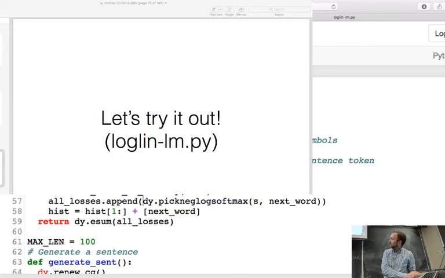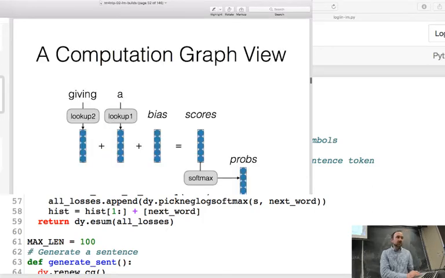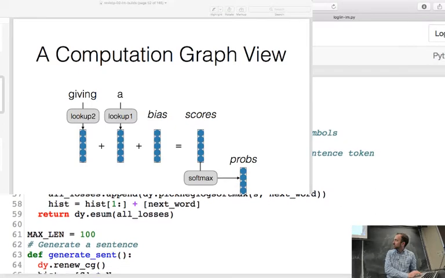We calculate the softmax, and then we update the history by adding this word to the history. And then in the end, we can sum up all the losses. So basically what we're doing is we're stepping through this process here for all of the words in our sentence. And if we do this, we can calculate the loss.